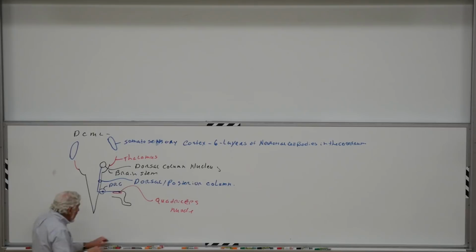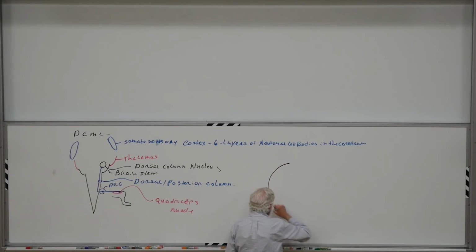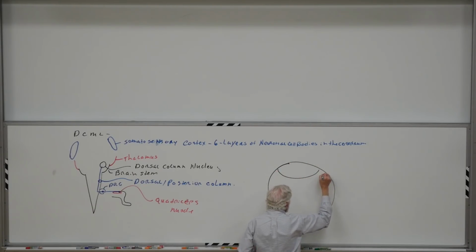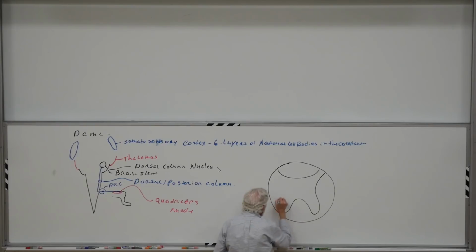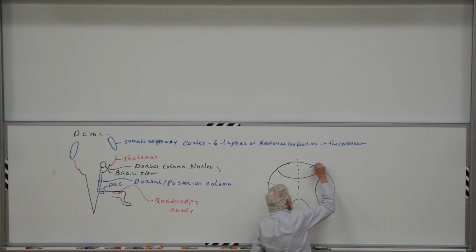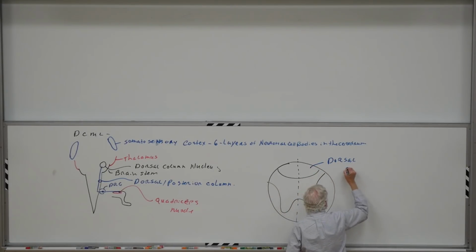And that when we looked at this in cross-section of the spinal cord, we showed the position of the gray matter. And we showed the bilateral symmetry. And we labeled this region up here as the dorsal columns.